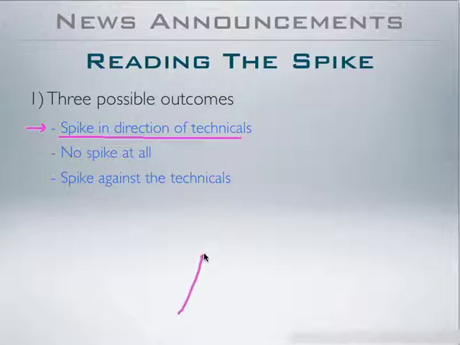For example, if we had a trending scenario with our typical zigzagging formation and price came back down on a final pullback, and at that precise moment news announcements were scheduled in the market, you know what to do. You are to bracket the news announcements in the direction of the technicals.